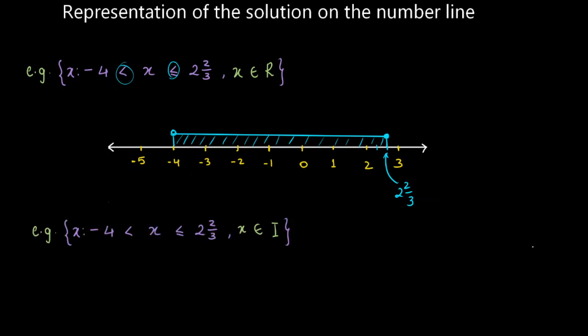Let's take a similar example now, where we have integer values. First things first, remember, we are going from -4 to 2/3, and we have to only mark the integers. So first, let's write our solution appropriately.